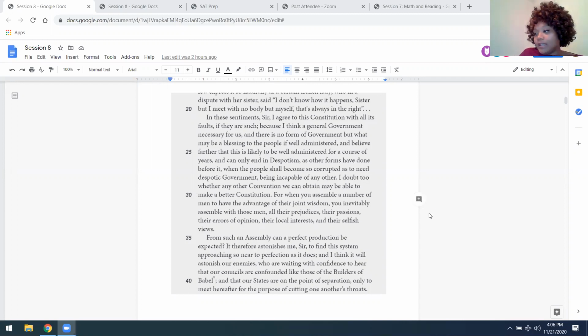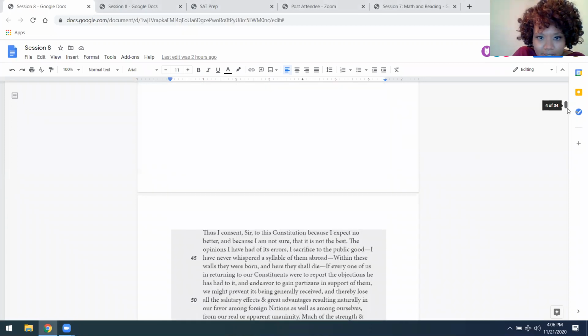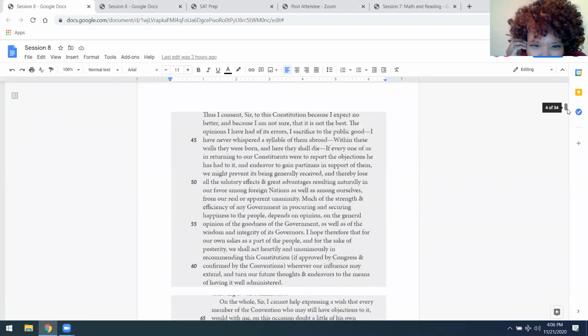So I think that is a reasonable inference. You would be tempted to infer that from lines 30 through 34. But I don't think there's actually a place where he says unanimous. Let me just make sure.